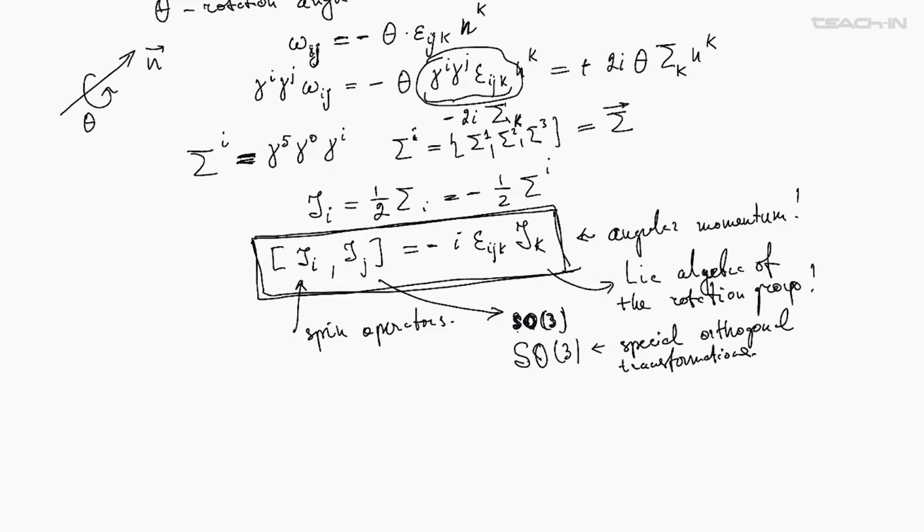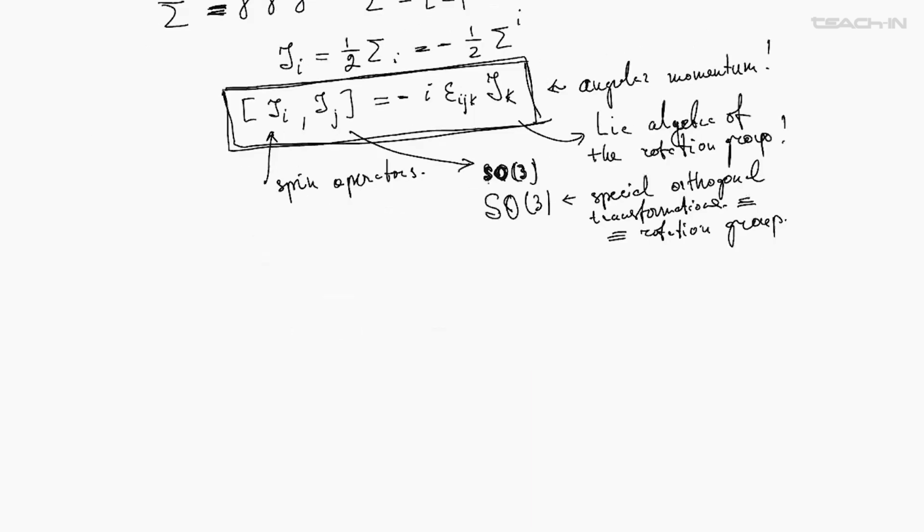And this is the same, as we know, as the rotation group, or group of rotations. The group of rotations coincides with SO(3). So this is a group of orthogonal matrices satisfying the condition of a unit determinant. So all matrices have unit determinant.